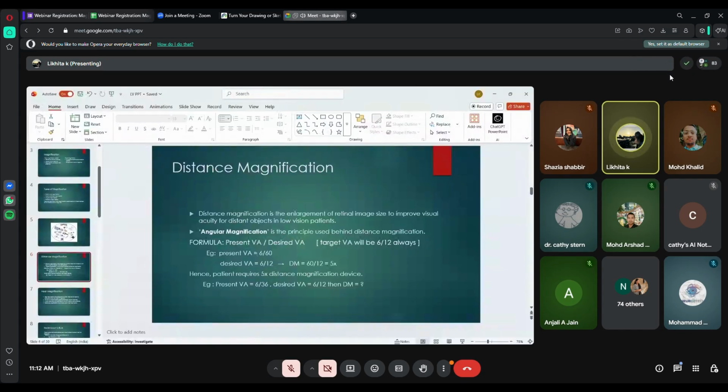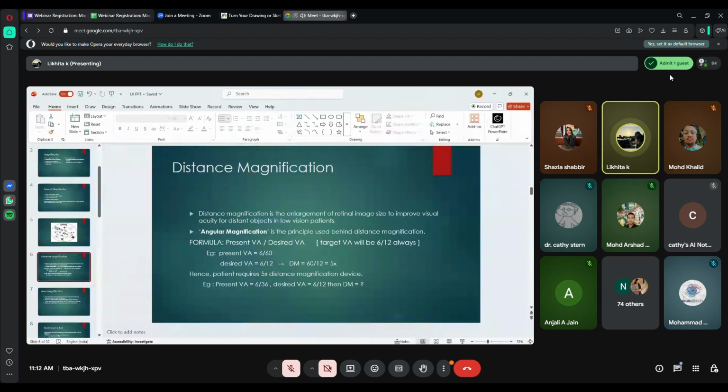So the formula for distance magnification is always the present visual acuity divided by the desired visual acuity. Desired is also noted as target visual acuity. Firstly, we need to know that the standardized visual acuity in low vision is always 6 by 12. Why is it called a standard visual acuity?